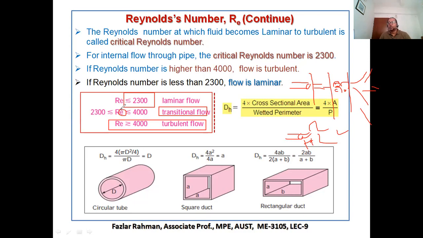But when you solve the problem, and when you go for a job interview, they might ask what is the Reynolds number, what is the application of it. Application of it is to figure out whether the flow is turbulent or laminar. Then say how you know flow is laminar or turbulent. Then you describe that if less than 2300, flow is laminar, if higher than 4000, flow is turbulent.